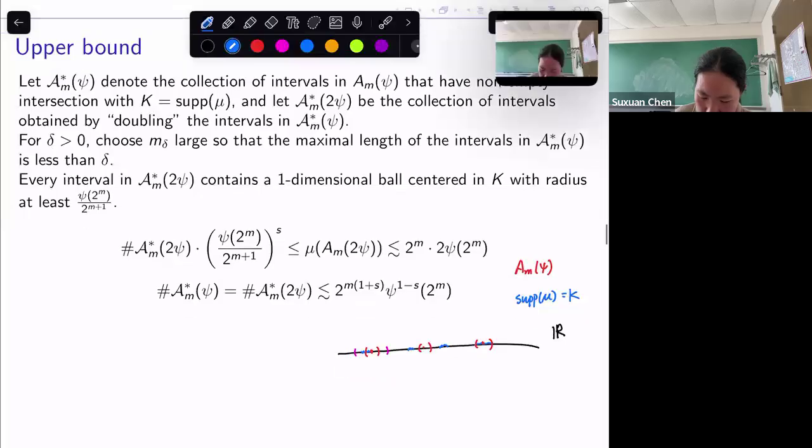This second interval has no intersection with the self-similar set, so we don't consider it.